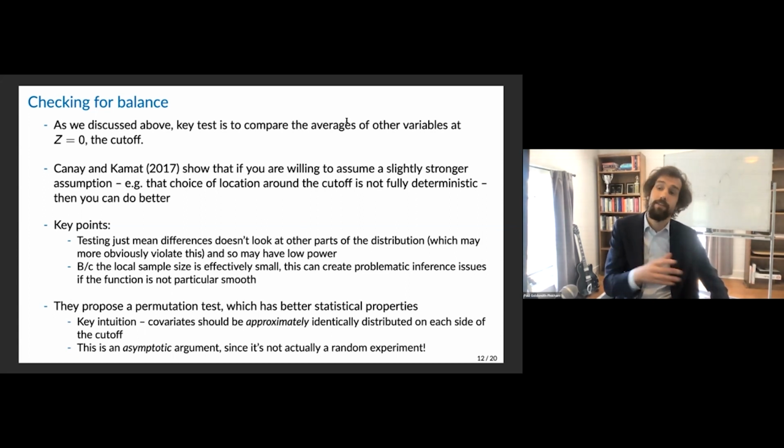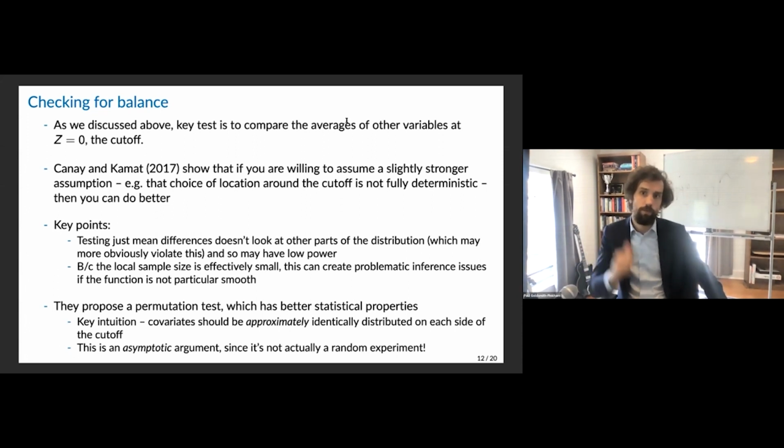But the point is that it doesn't just have to be the mean. In the same way that for a randomized design, the averages are not the only things that are balanced if something is truly randomized. In fact, the whole density should be comparable between the two. We should be able to even just permute labels and effectively look at the distributions and see what the relative density of characteristics looks like.